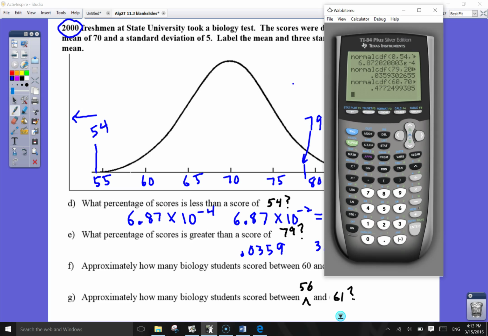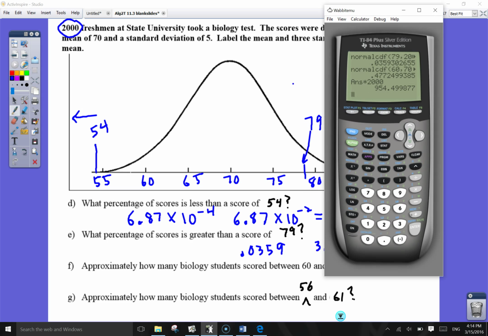Now, to finish, multiply times 2,000. 954.49, which is slightly less than 954.5, which would round to 955.